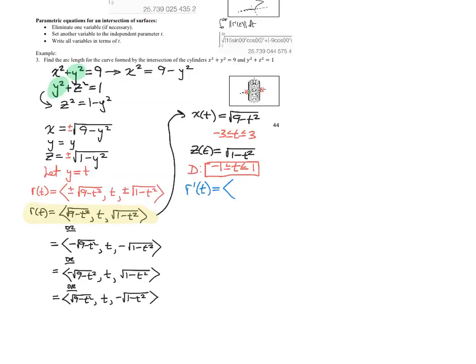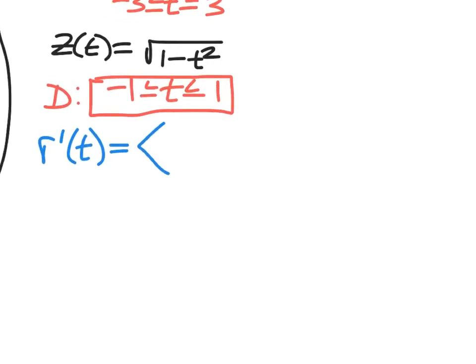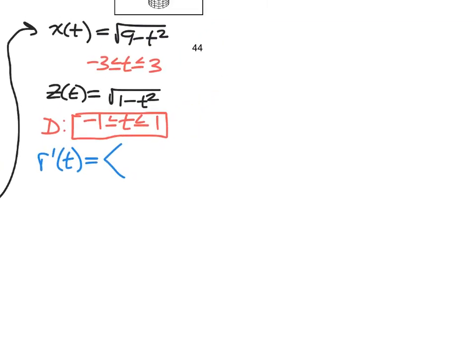So you're looking at 1/2 times 9 minus t squared to the negative 1/2 times negative 2t. We can simplify that later. The y component was just a t, so that's going to become a 1.